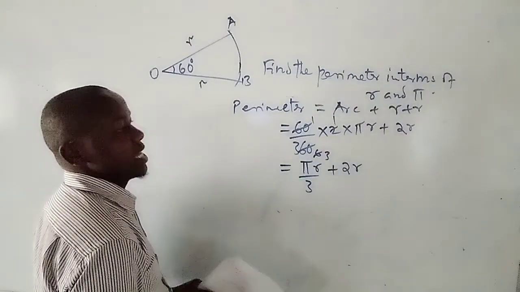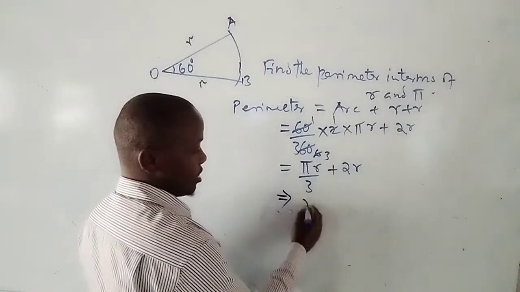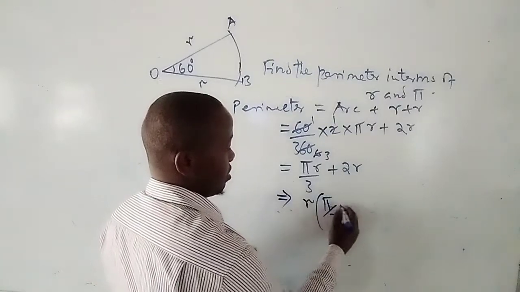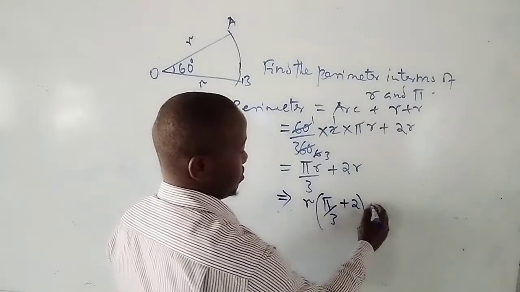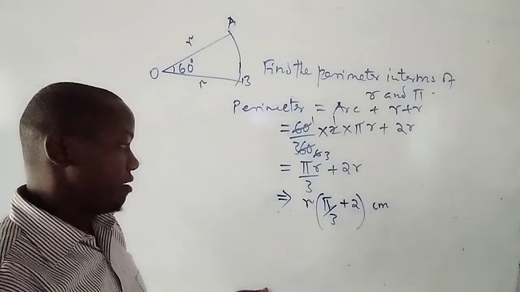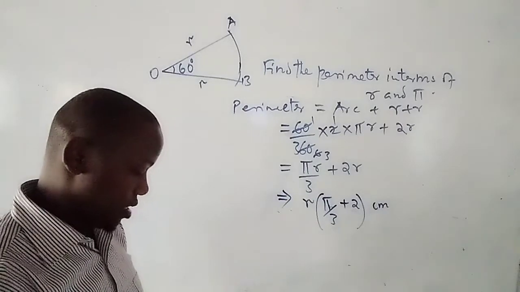We want the simplest expression. Therefore, we can factor out r and remain with r times (pi over 3 plus 2) centimeters.